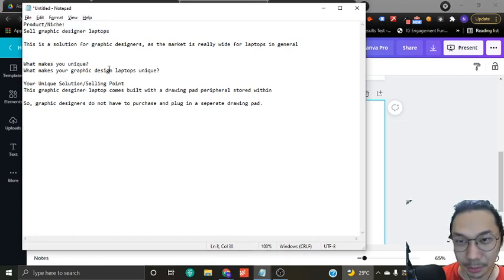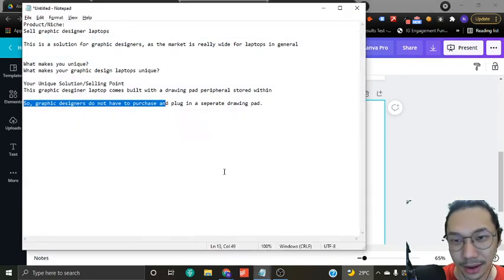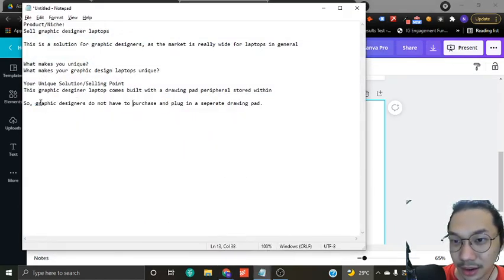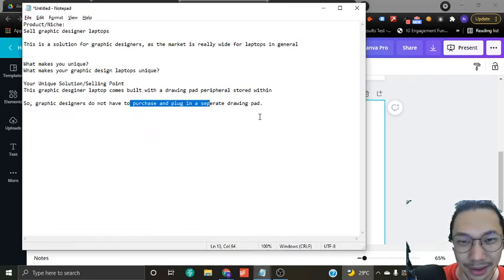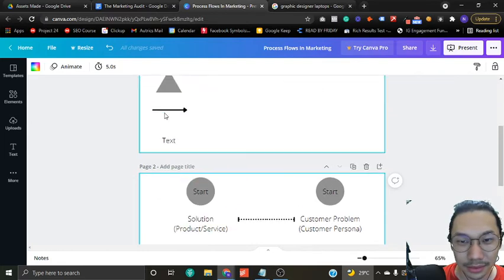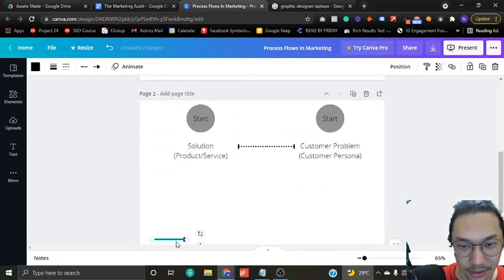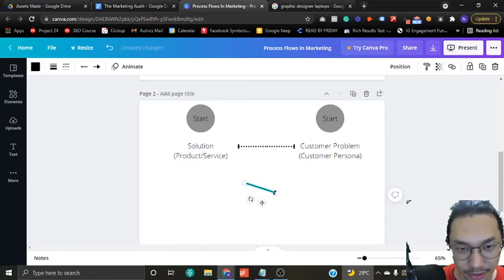So again, this is the product, the solution. Then who's it for? Graphic designers who do not want to purchase and plug in a separate drawing pad. Simple enough. So then we can take this, paste it here, rotate it 90 degrees.